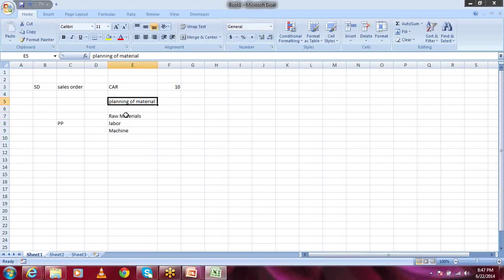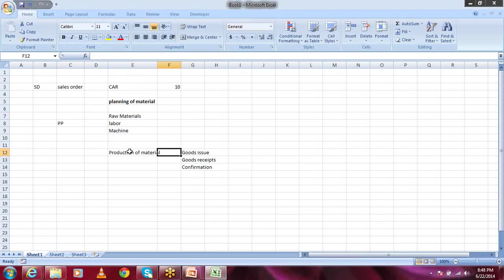Once your planning is over, meaning you have planned the raw material, when to manufacture or where to buy, then you will do the production. Once planning is completed, you will do the production of the material. In SAP, for this we use terms like GI, goods issue, goods receipt, called GR, and confirmation.